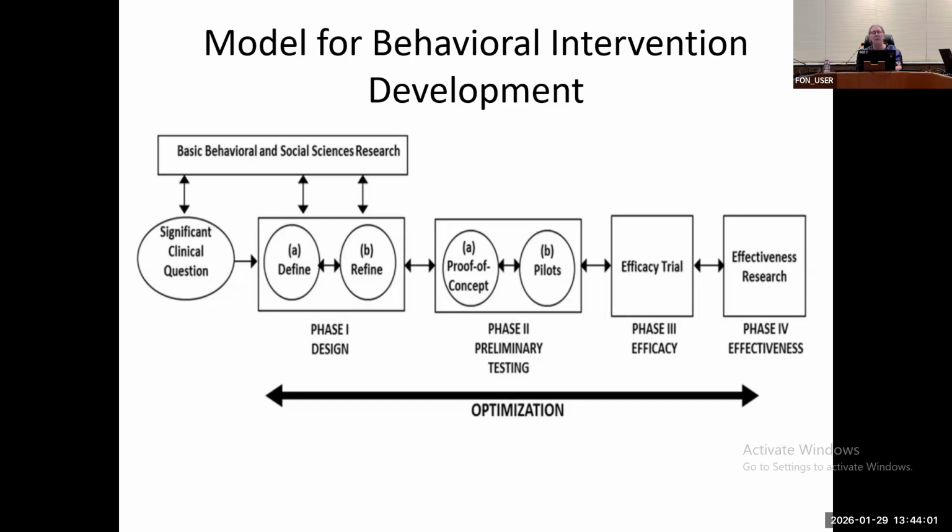Then for phase 2 preliminary testing, often what we do is a small pilot. With a small pilot, we're often looking at preliminary effects. A pilot often also has some feasibility aims with it sometimes.